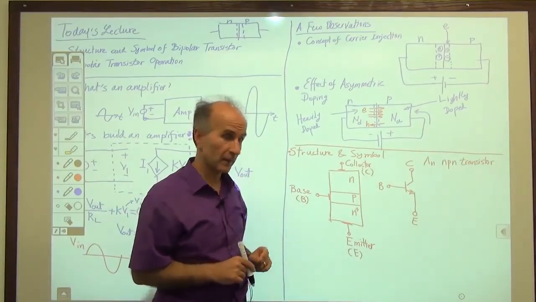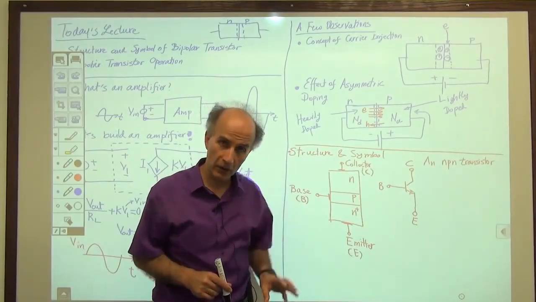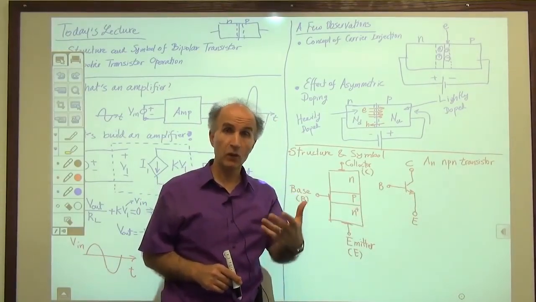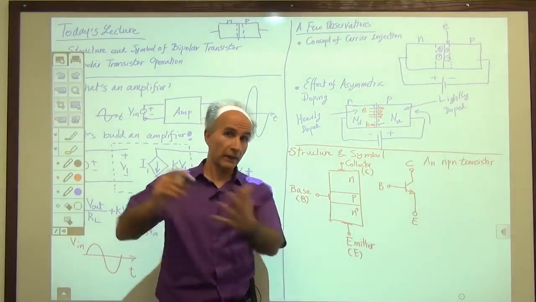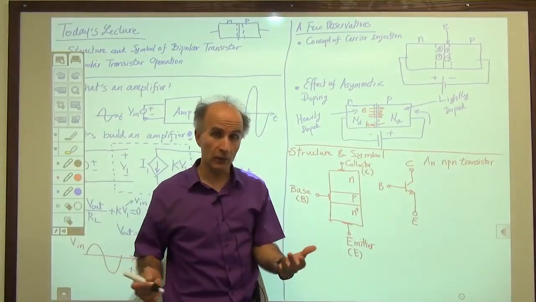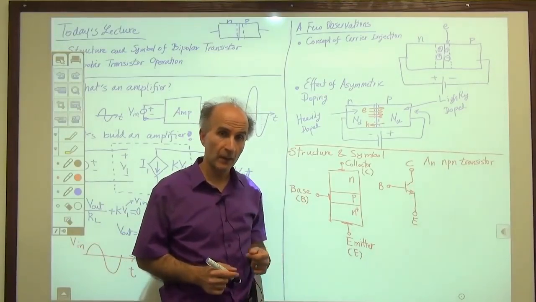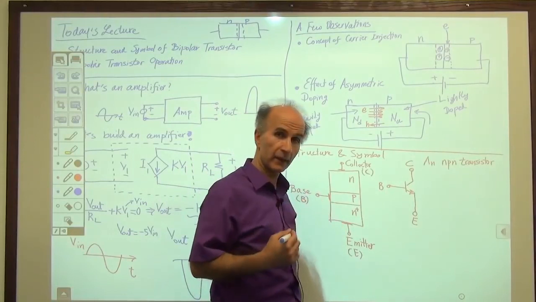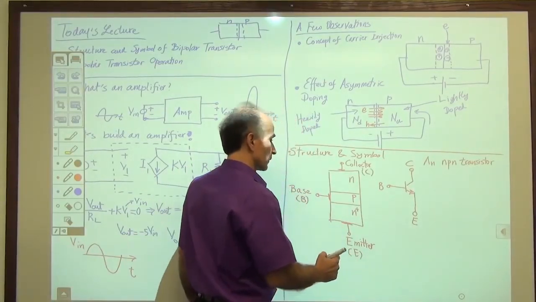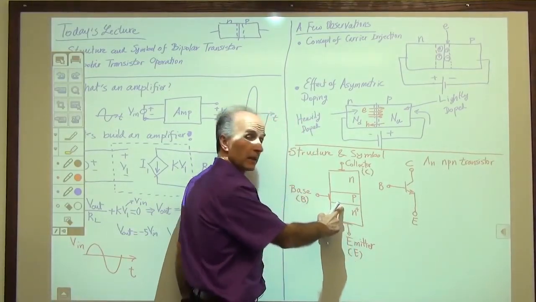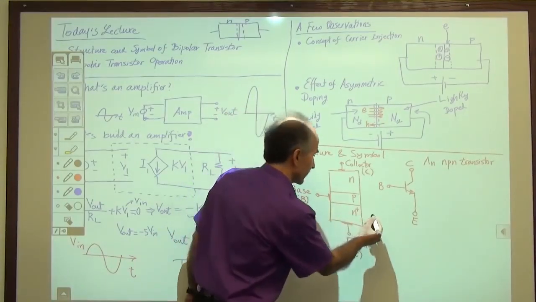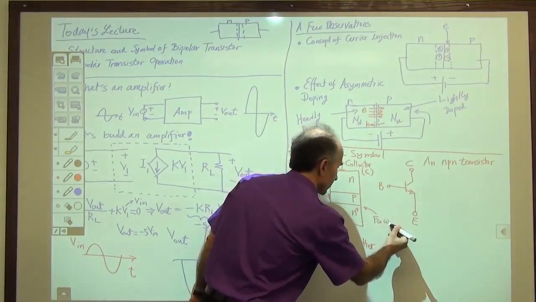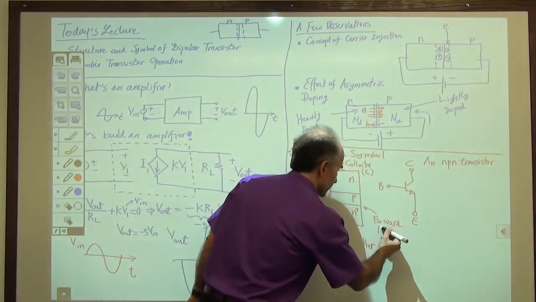The good news is that only one combination of voltages around this device actually makes it a useful device. There are many other combinations, but they're not very useful, so we don't even have to think about them. The combination that we will be using is as follows. So in our studies, this is what we assume. We assume that this junction is forward biased.